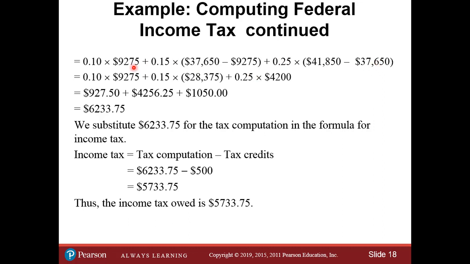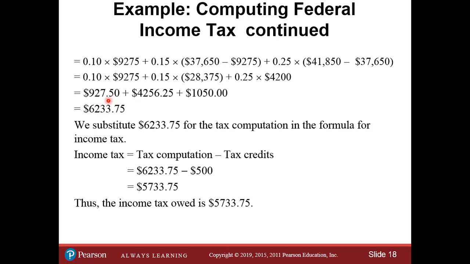If you calculate this out, you get $927.50 at the 10% bracket, $4,256.25 at the 15% bracket, and then $1,050 at the 25% bracket.